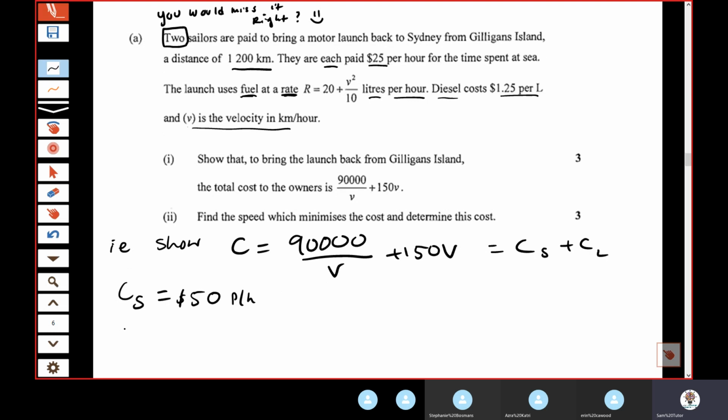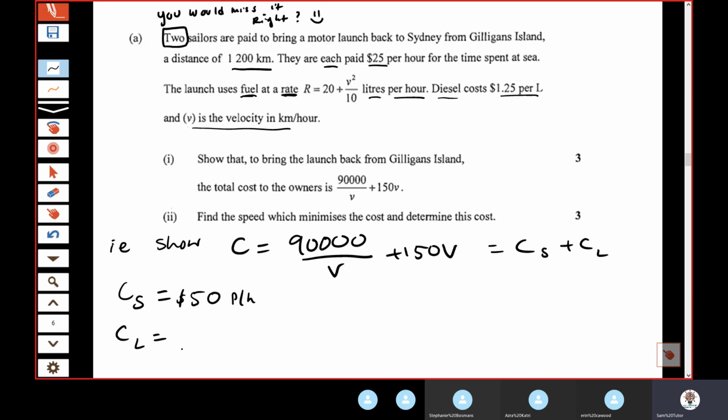Then we've got cost of this launch. We know that they've got to travel 1,200 kilometers, and they use diesel at a rate of 20 plus v squared on 10 liters per hour, and it costs $1.25 per liter.